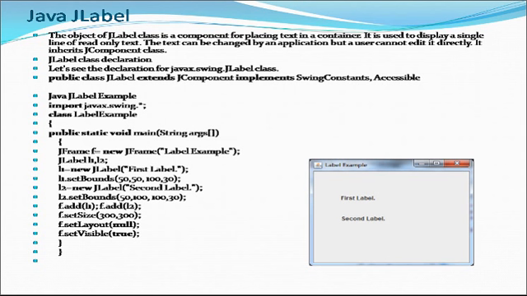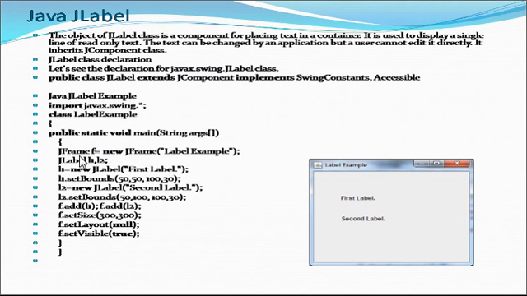Let's take an example of JLabel. Firstly, here is the syntax of how to use JLabel in your Java programming code. It extends JComponent and implements SwingConstants and Accessible. javax.swing is the package name, and LabelExample is the class name.